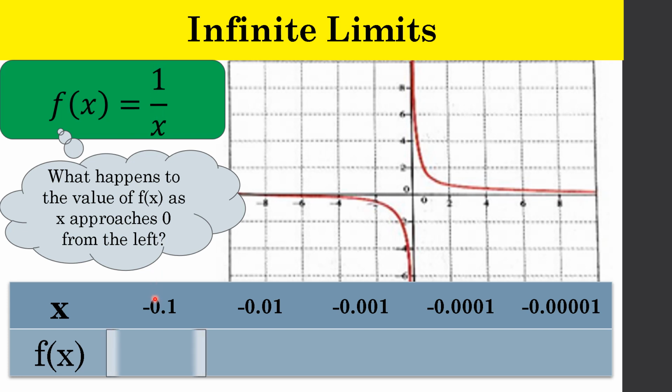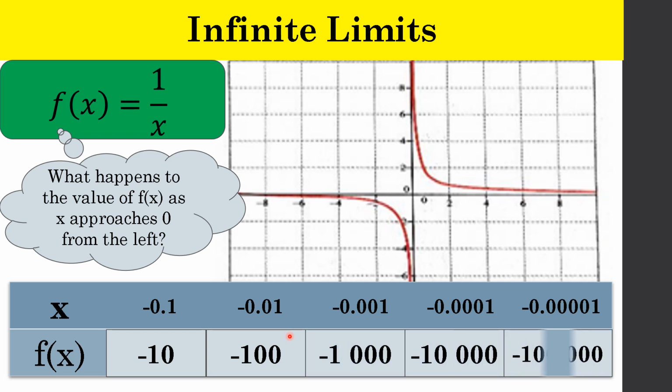Using calculator, it will give us a function of negative 10. So kung yung x daw is negative 0.1, the value of your f of x is negative 10. Okay? So if x naman is negative 0.01, your f of x is negative 100, so on and so forth.